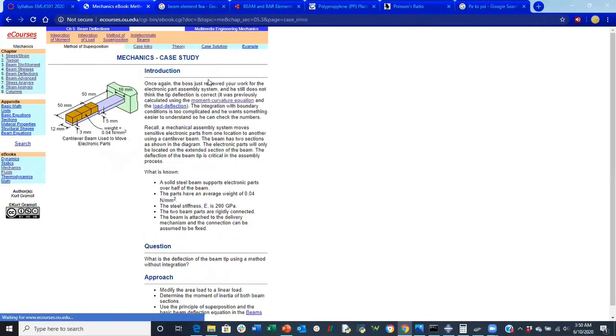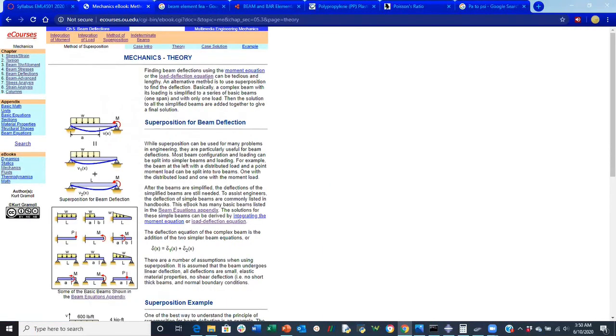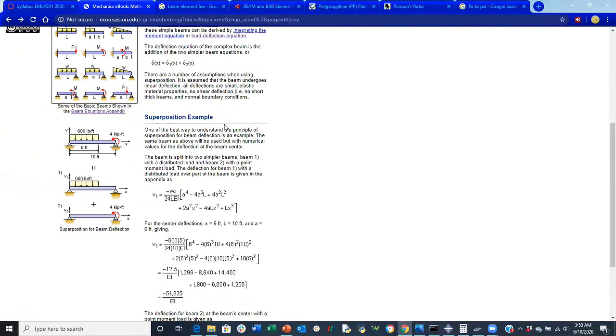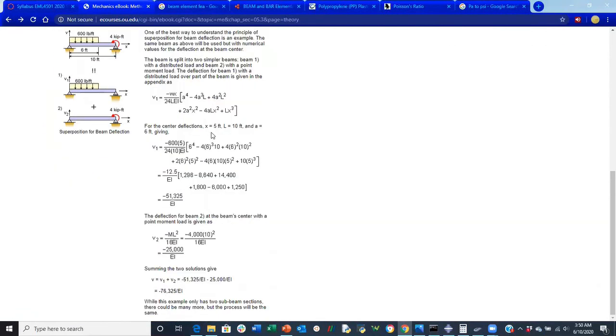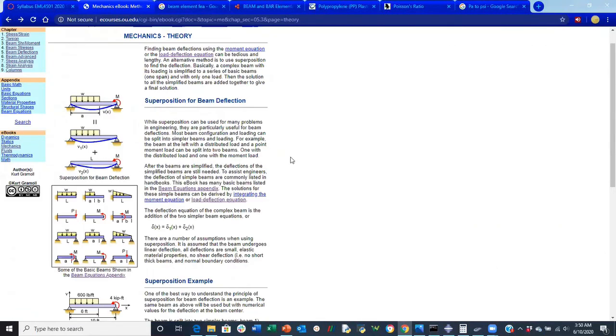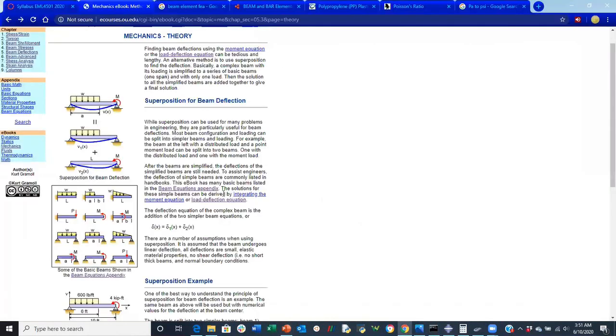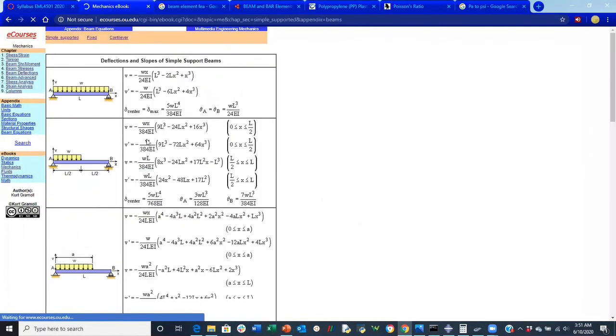We're going to go ahead and look at method of superposition, theory. Now we have load deflection equations right here. Now we actually have an appendix here that you can use instead. So in our course catalog for mechanics of materials here, we can compare what we derived here with the already derived beam equation appendix for a 2D case.